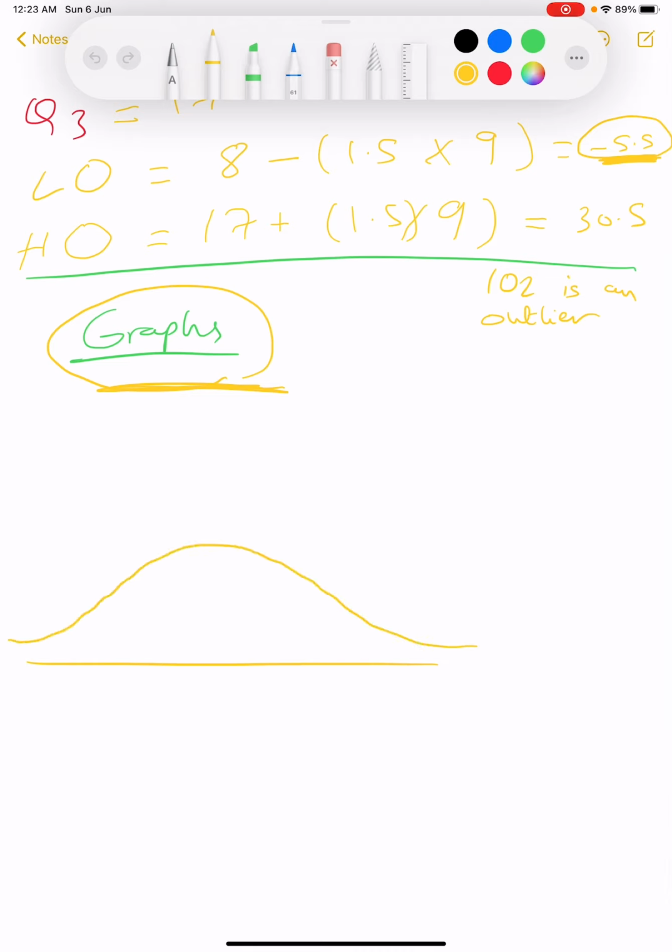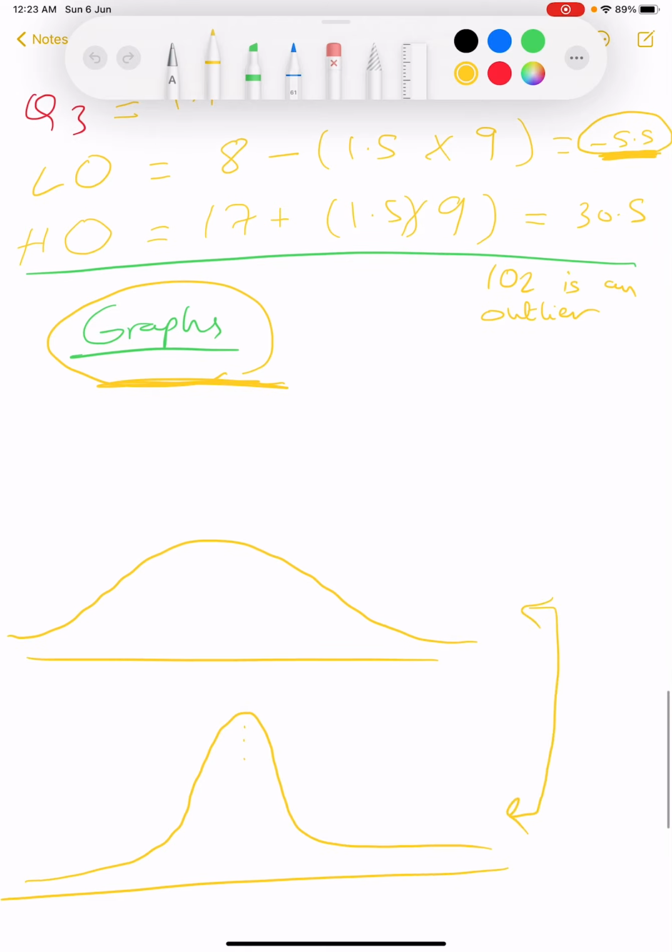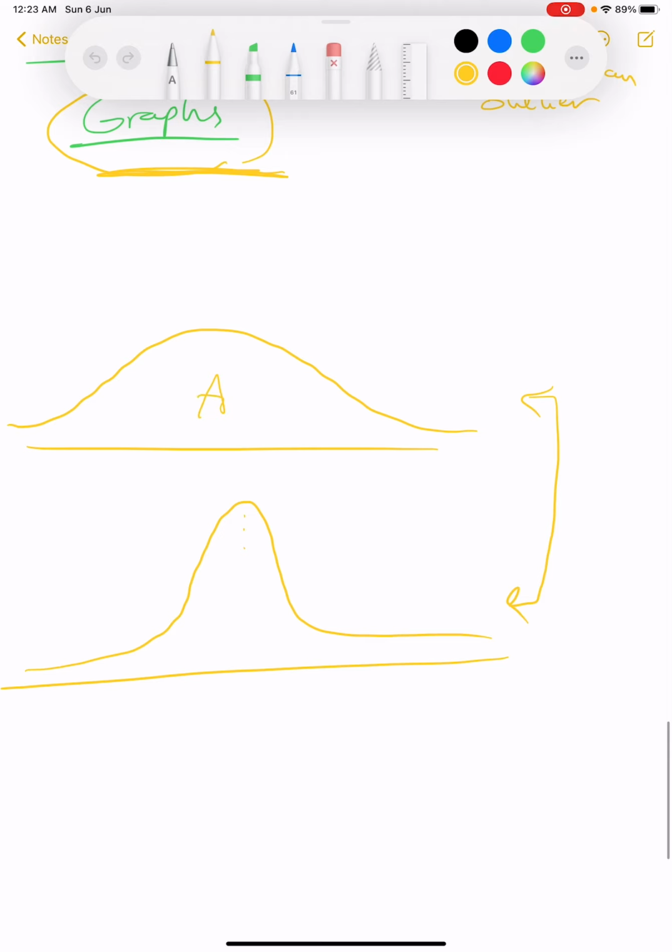We'll have these two graphs, this graph and this graph. Which one has more variability, A or B?